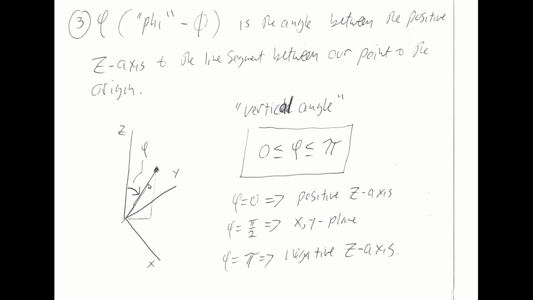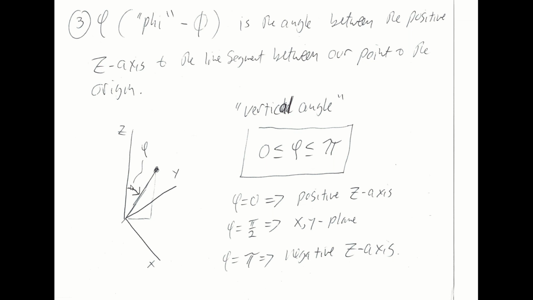I can take this line segment and rotate it around the z-axis as theta goes from 0 to 2 pi, and I'll get a half cone, every point on which is given by the same value for phi. We'll return to this idea when we consider the grid surfaces for spherical coordinates, but hopefully that makes sense.